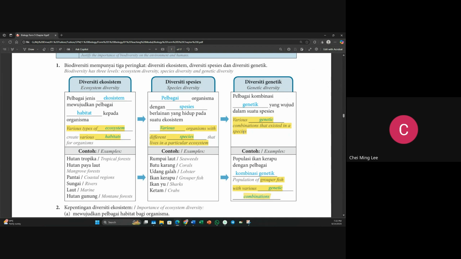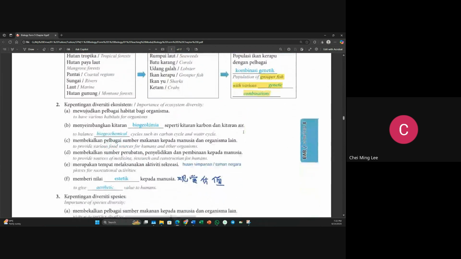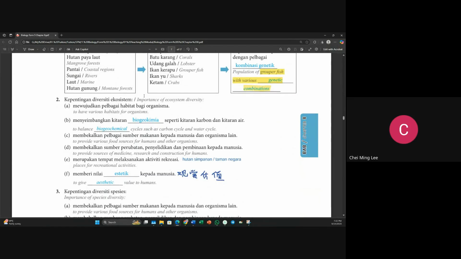Okay, so why do we need ecosystem diversity? First, we want to have various habitats for organisms, because different types of habitats will come out with different species. Different species, you will have biodiversity.